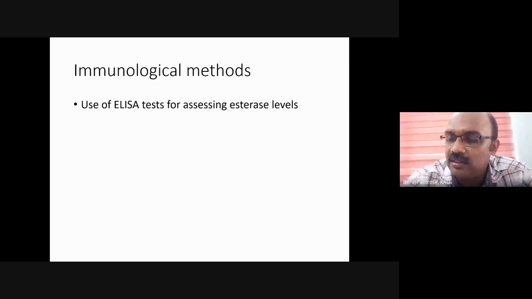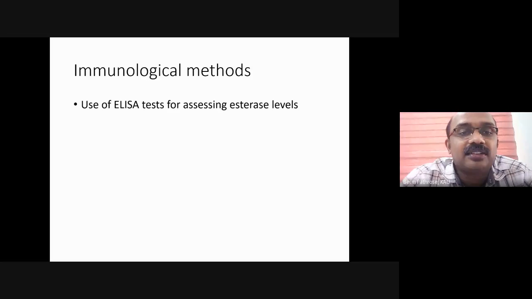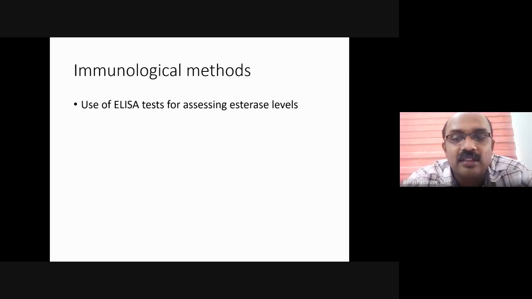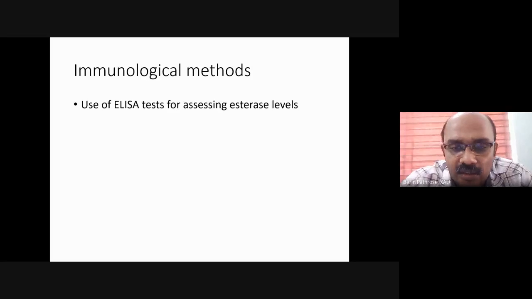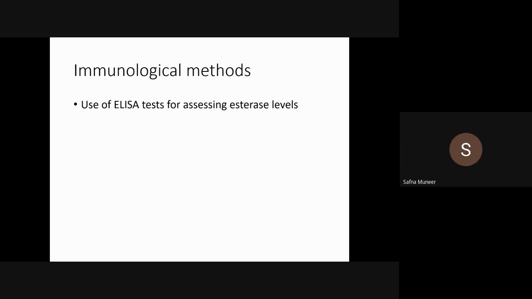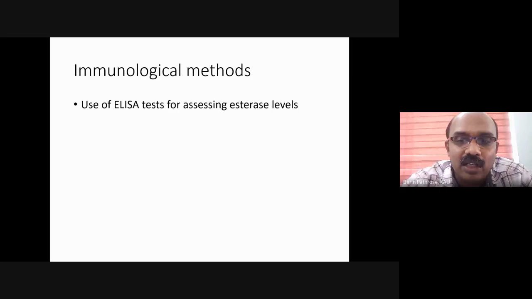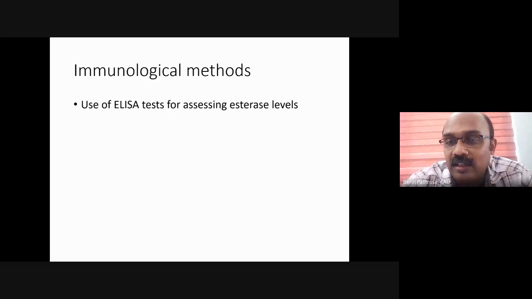The next one is the immunological method. This is what is called ELISA. Do you know what ELISA is? Enzyme linked immunosorbent assay.